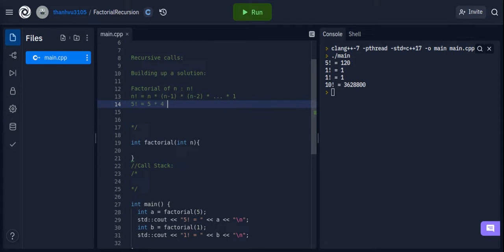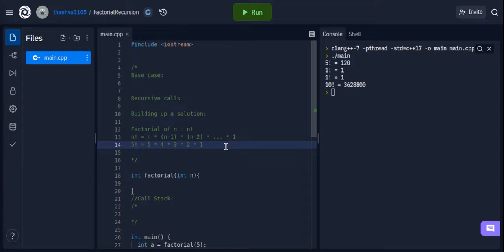We have 5 times 4, which is n minus 1, times 3, which is n minus 2, and 2 and 1, right?